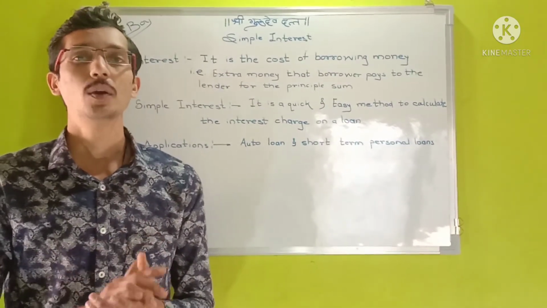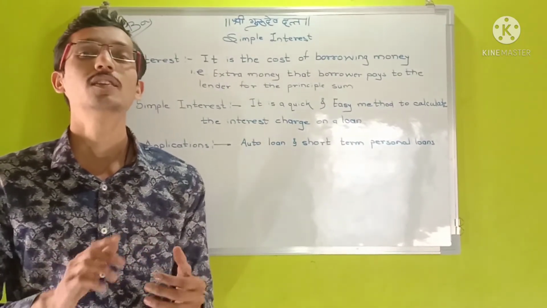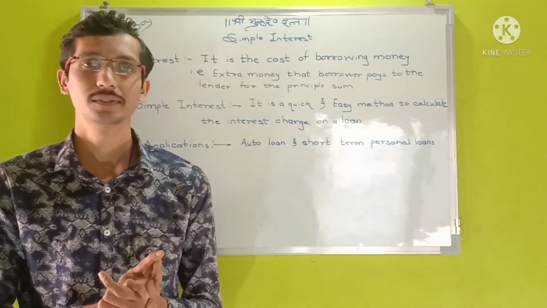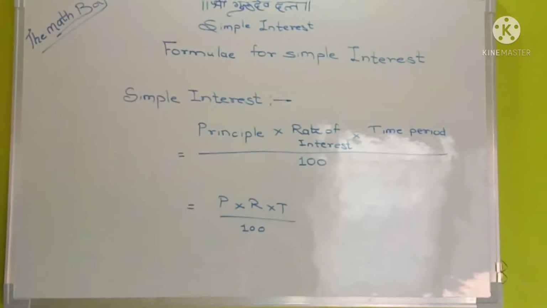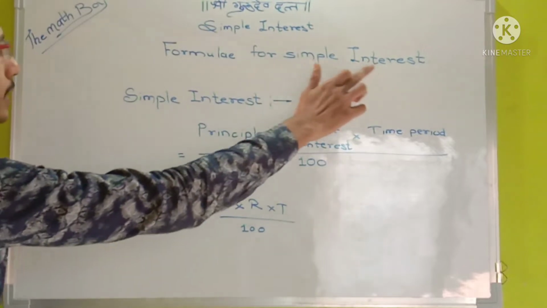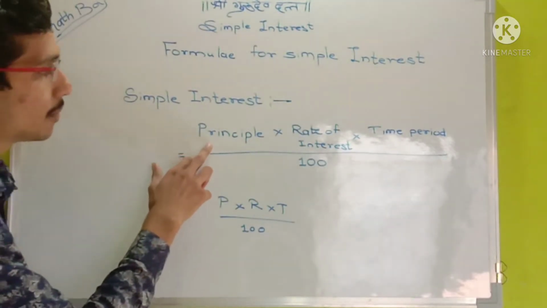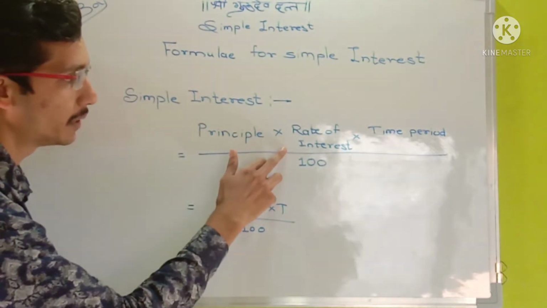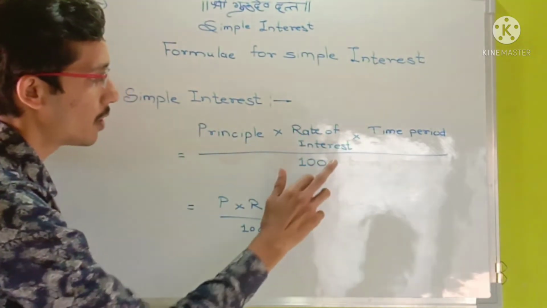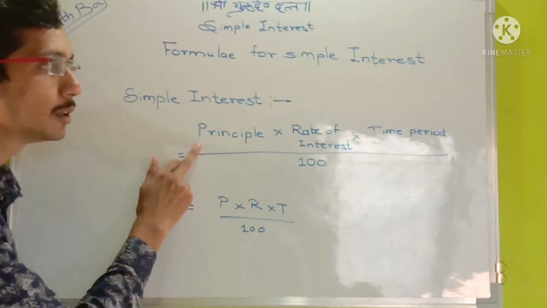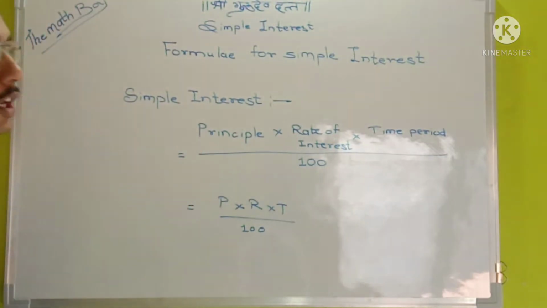Now we see how to calculate simple interest. The formula for simple interest is principal into rate of interest into time period upon 100. The principal is the amount you borrow from a person or a bank.